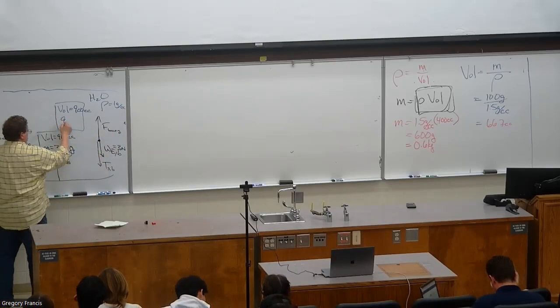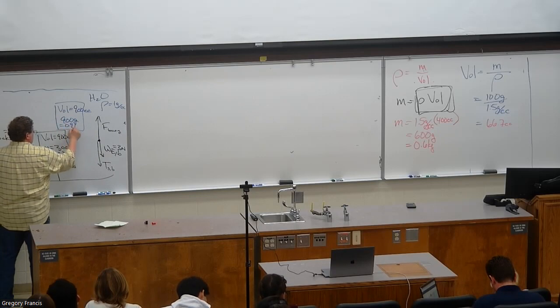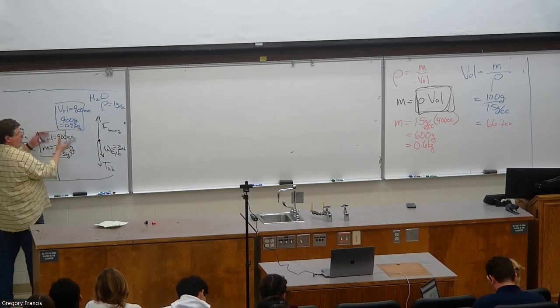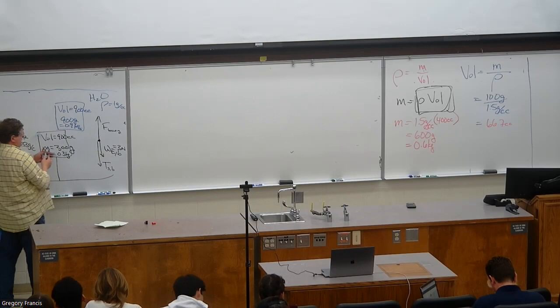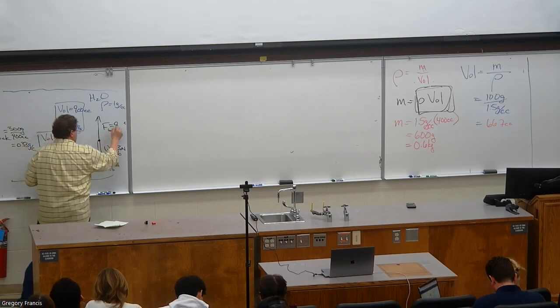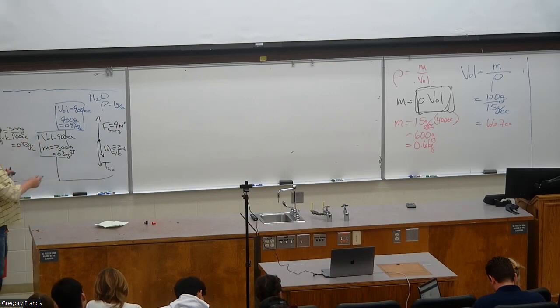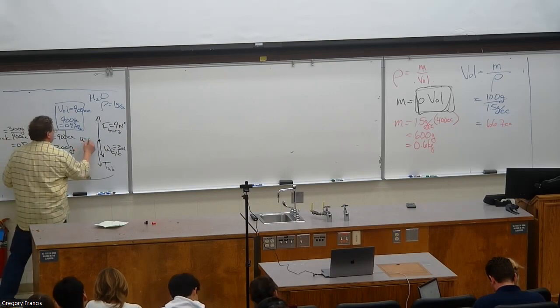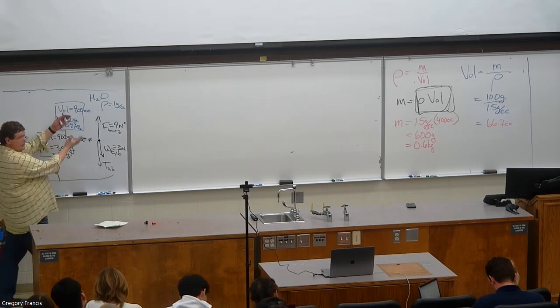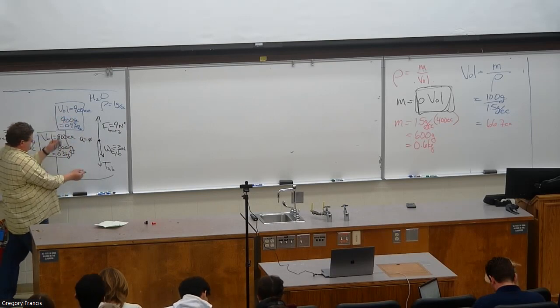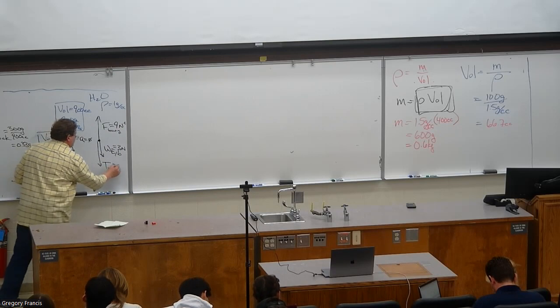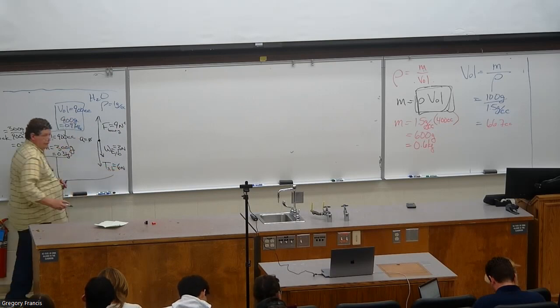And so that's going to be 900 grams, which is 0.9 kilograms. And the weight of that, if I multiply by g, is going to be 9 newtons. Well, this block isn't going anywhere. It has 0 acceleration. And so this diagram has to be balanced. And so that means the tension force has to be 6 newtons.